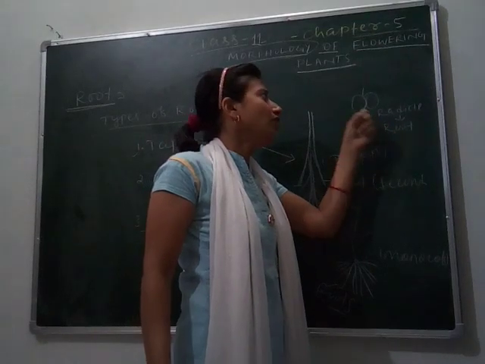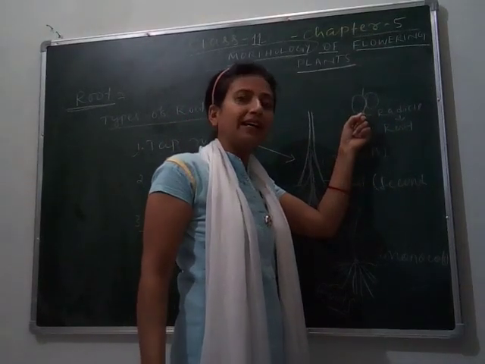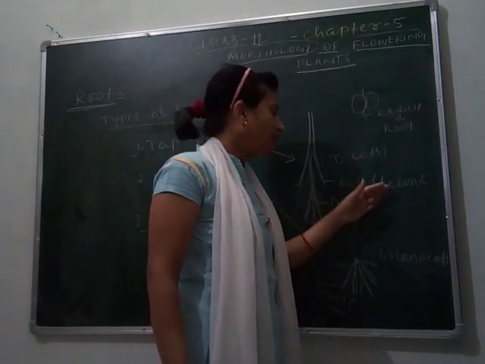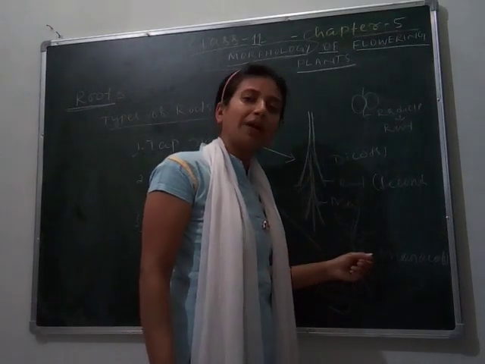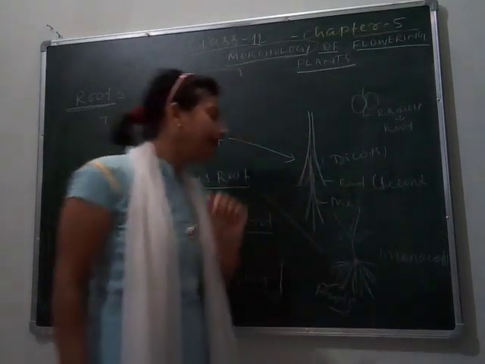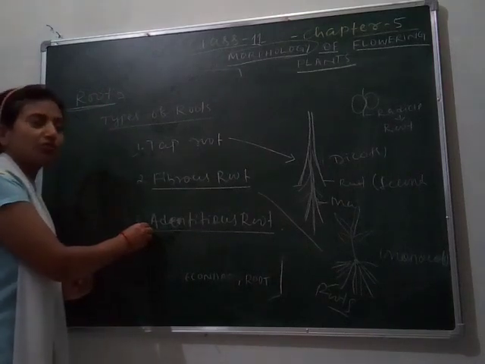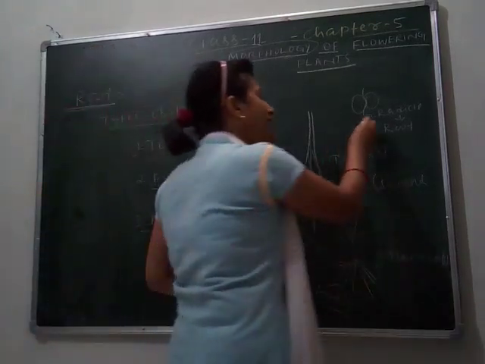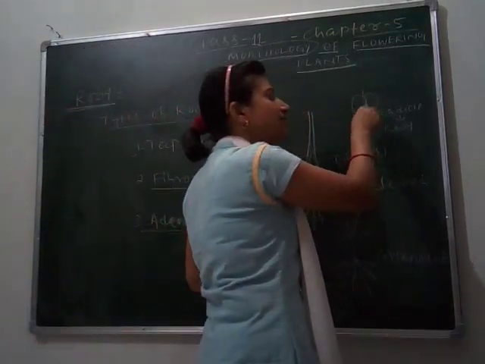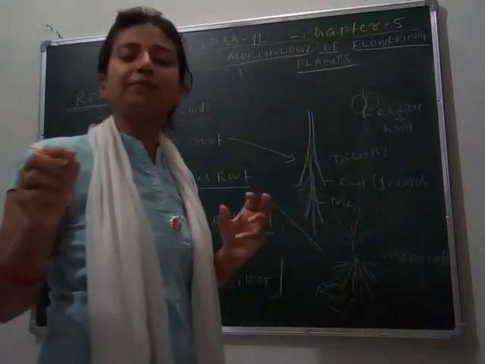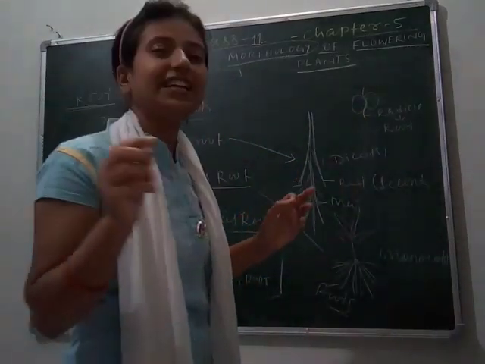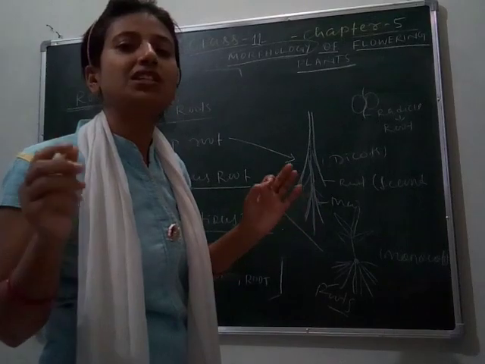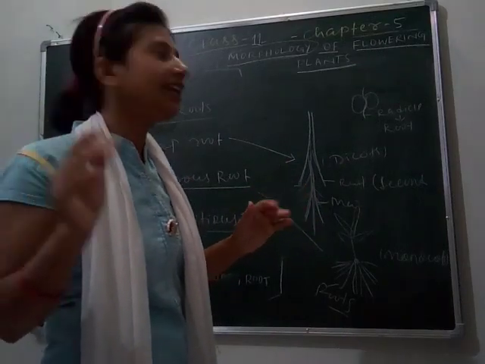So when roots arise from the radicle, they come under either the tap root system or the fibrous root system. But in case of adventitious root, the root arises from a part other than the radicle, which means it arises either from the stems or from any other part of the plant.